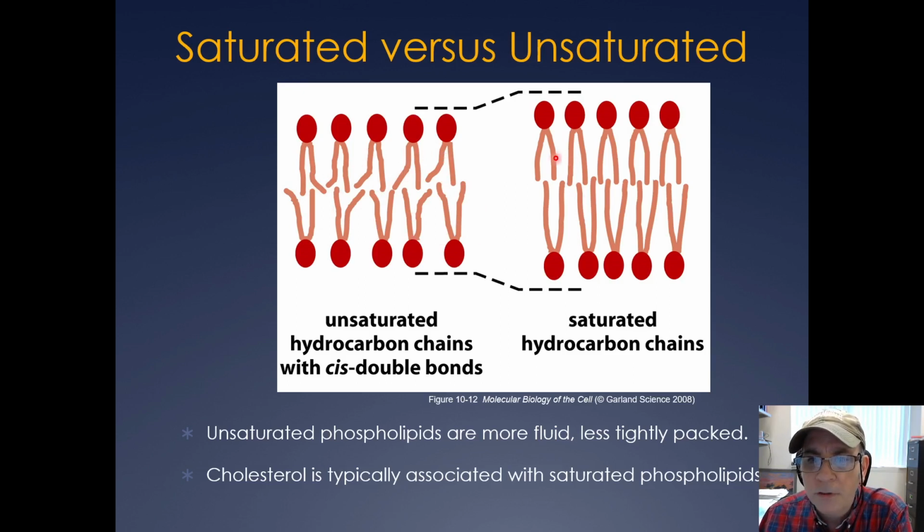When you get to the saturated hydrocarbon tails, there are no double bonds in them, and it makes the lipids a lot more rigid and a lot less fluid. And cholesterol is typically embedded here along with the saturated ones, although you can have some here. And what ends up happening is these saturated phospholipids will coalesce together and form these things called lipid rafts, which we'll talk about in a second.